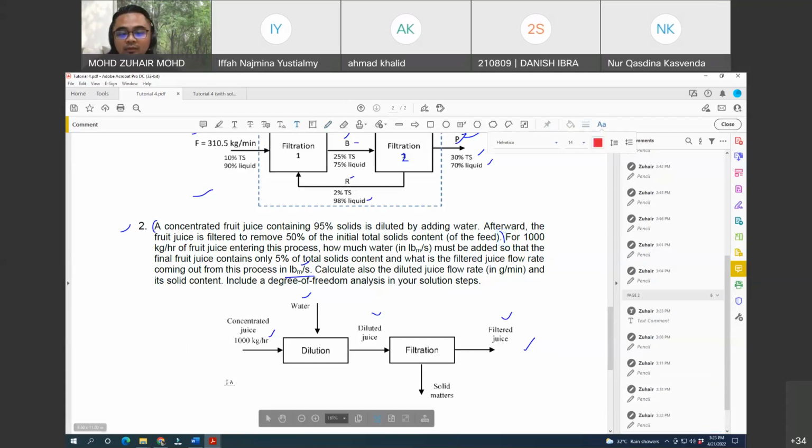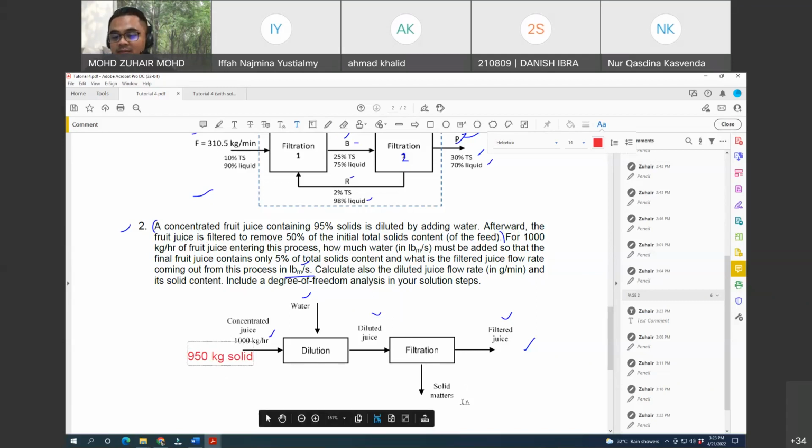That's why you need to read the question really carefully. Otherwise, you will be missing some of the information. So this is 950 kg solid. Afterward, the fruit is filtered to remove 50% of the initial solid content.